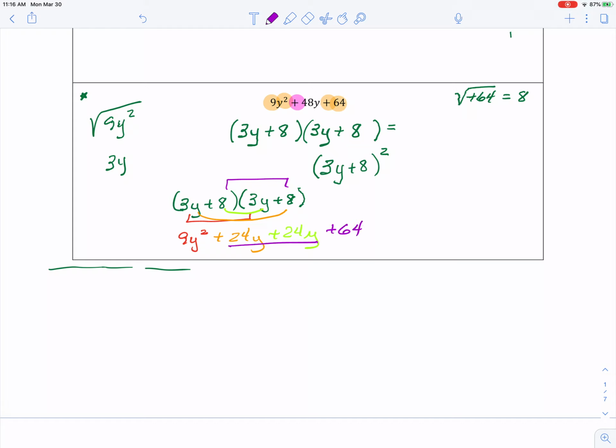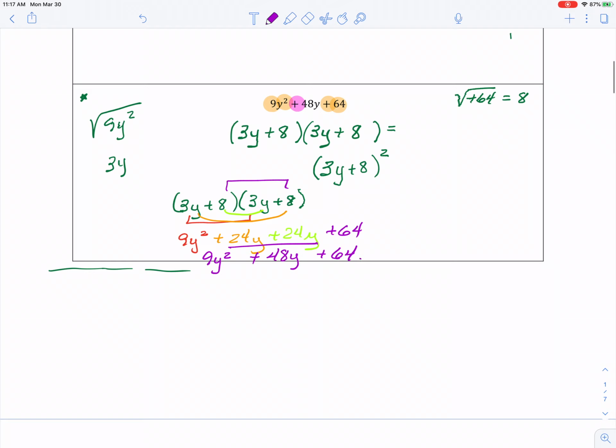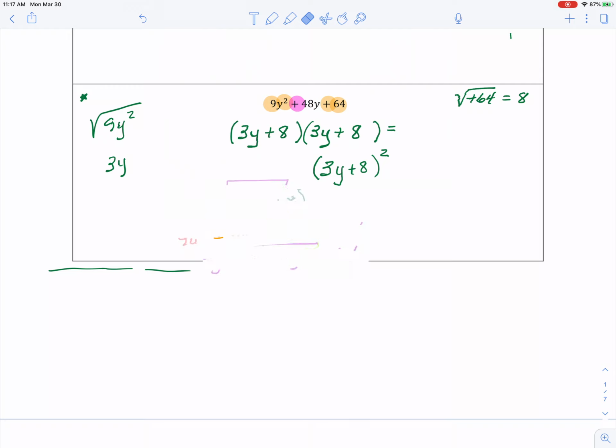So you can see here in the middle how that doubles up in there. That plus 24y and plus 24y will take you back to that positive 48y. This y squared term is different from the others, and this 64 is just a constant. It's actually a 0 degree y, if you remember. 0 degree is equivalent to y to the 0, which is equivalent to 1. And so let me again clean up all this checking out here so that you can see that the answer is 3y plus 8 in parentheses quantity squared.